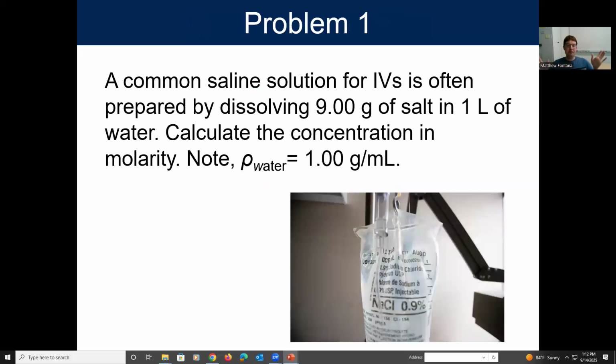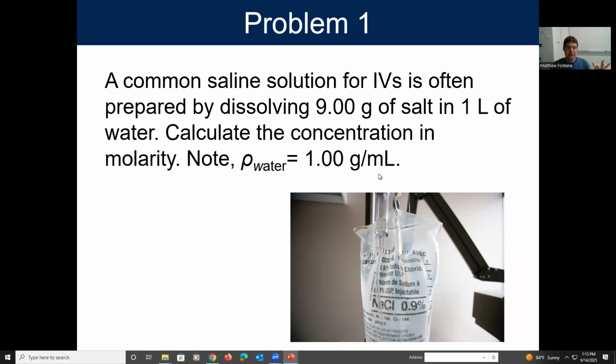Okay, just to give you an example of what we can do here. A common saline solution for IVs is often prepared by dissolving 9 grams of salt, or 9 grams of sodium chloride, that is, in 1 liter of water. Calculate the concentration in molarity. To solve this question, you need to know that the density of water is 1.00 grams per milliliter.